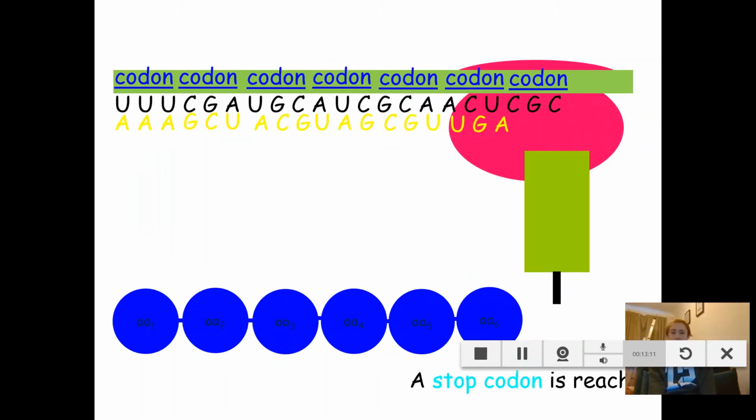Now, eventually you will reach something called a stop codon. A stop codon is a codon which has a tRNA which doesn't have an amino acid attached to it. So in this case, the stop codon is CGC, excuse me.